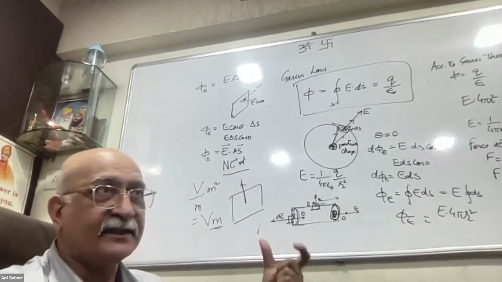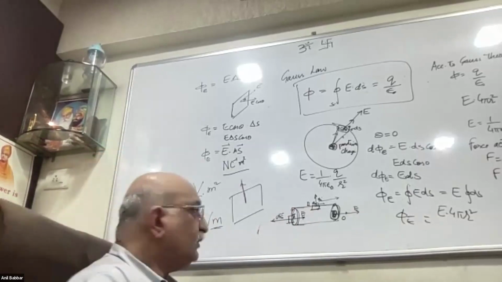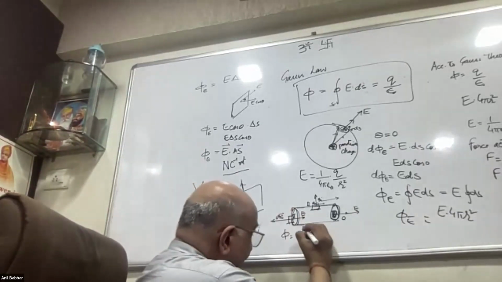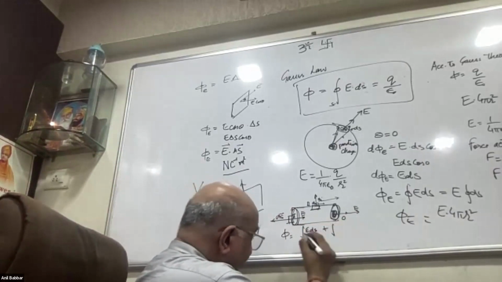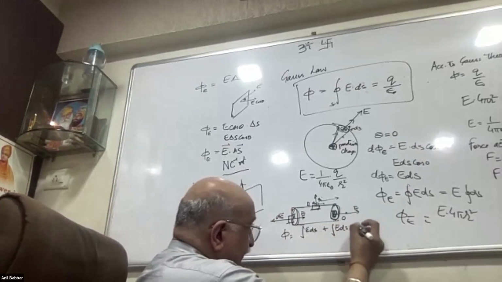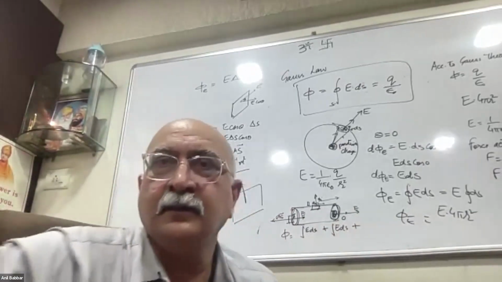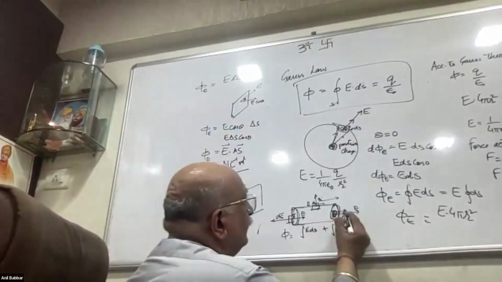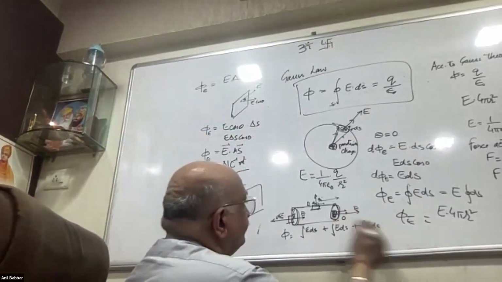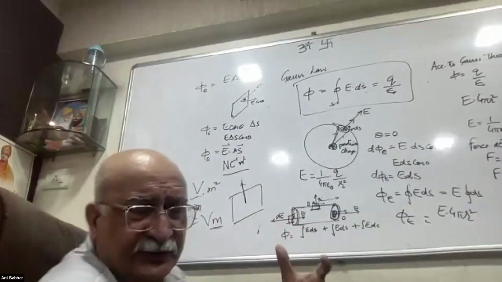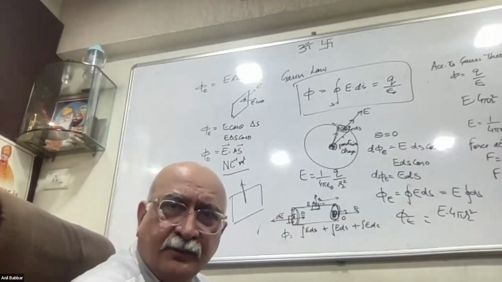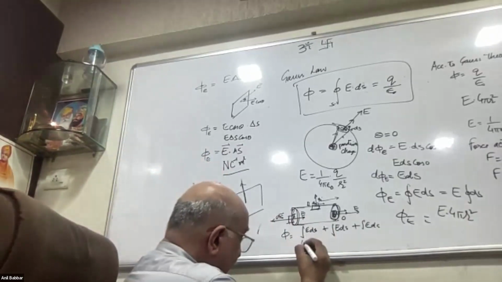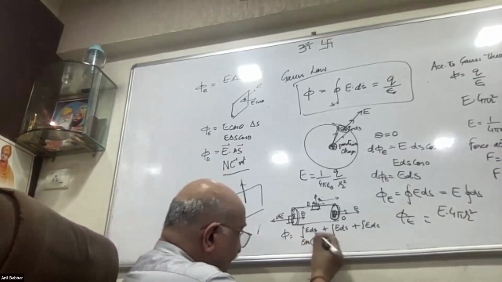Total electric flux can be calculated by adding all these. So the total flux is equal to the integral of E dS at the first surface, plus the second surface, plus E dS at the third surface. For the first, the angle is 180 degrees, so E dS cos 180, plus E dS cos 90, plus E dS cos 0.